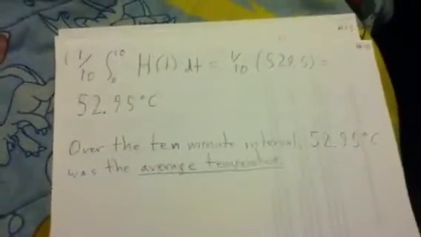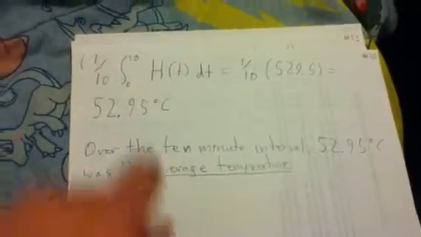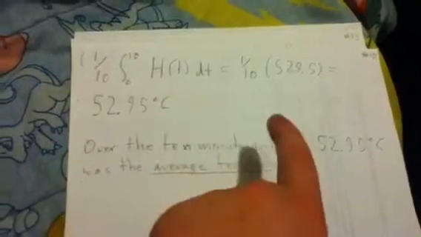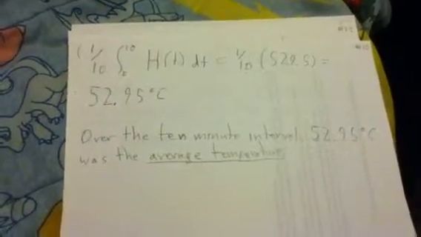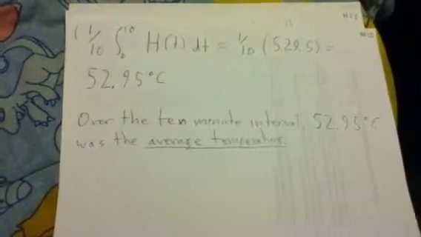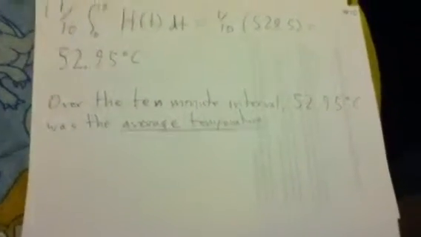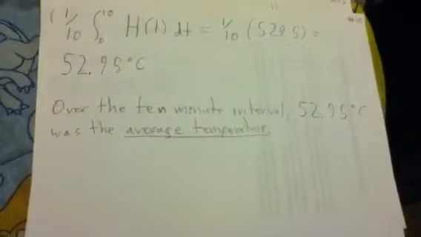So we find out what t1, t2, t3, and t4 equal, and we add them all up, and we get 529.5. So we get 1/10 times 529.5, which is 52.95 degrees Celsius. Over the 10-minute interval, 52.95 degrees Celsius was the average temperature.